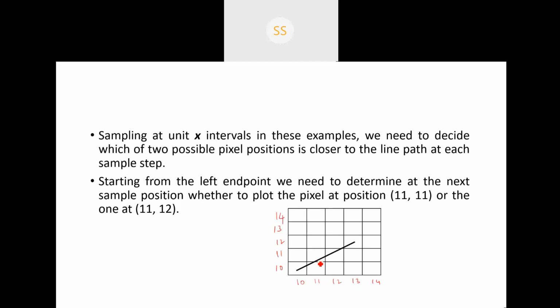It is occupying two places, the coordinates 11, 10 and also 11, 11. This corresponds to the textbook values that I have written. So I do not know which particular pixel I should plot.